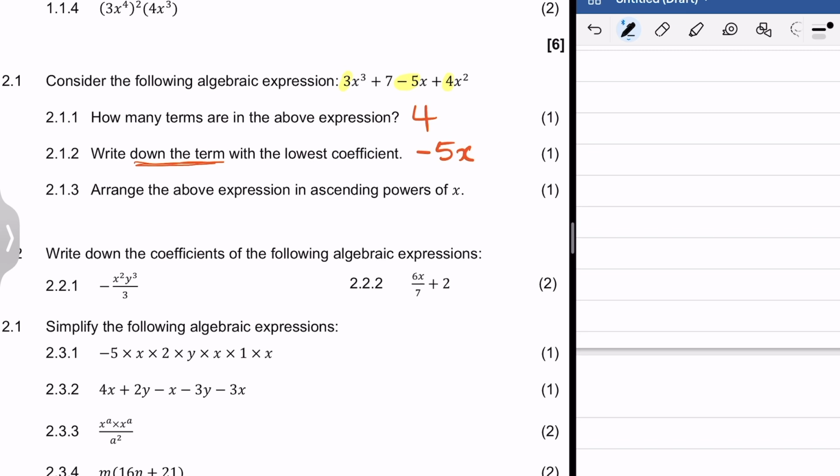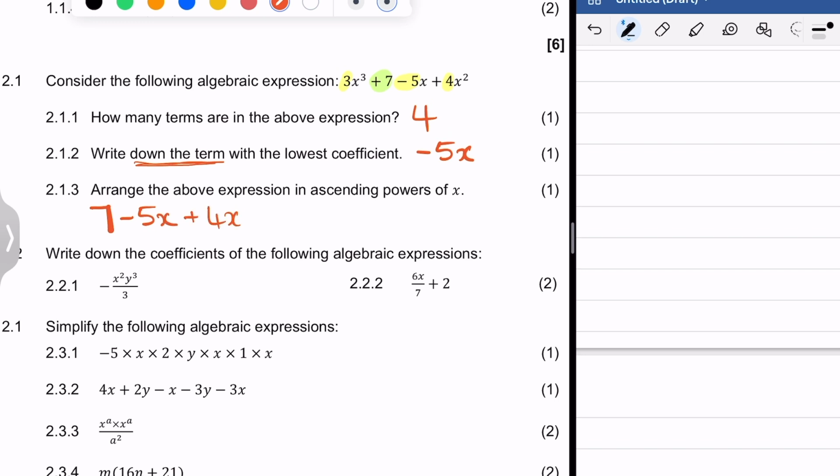Arrange the above expression in ascending powers of x. Remember, if you write in ascending powers of x, the constant must be written first, and we said a moment ago that the constant is 7, so I start with 7. Then ascending powers of x means I need to start with the power of x that has the smallest exponent, and that is going to be the term -5x.